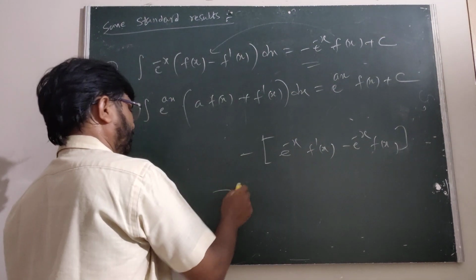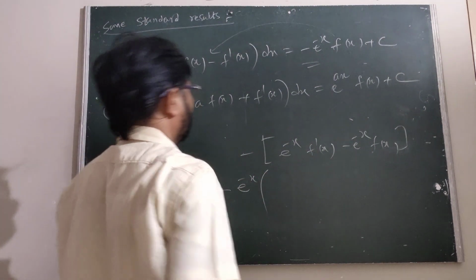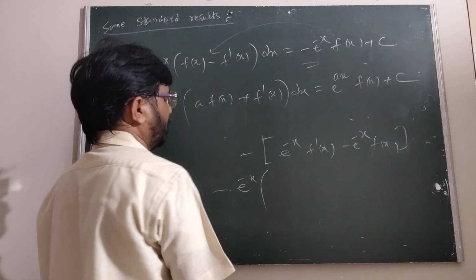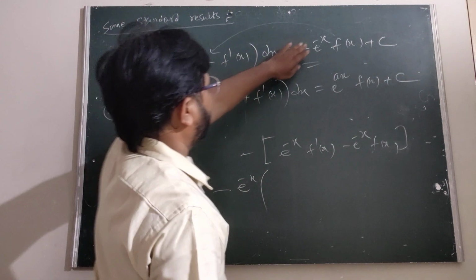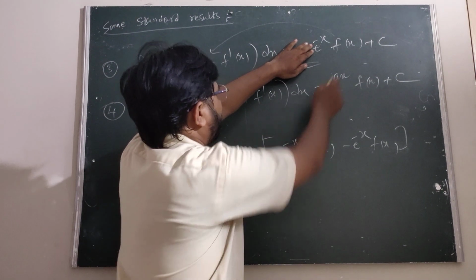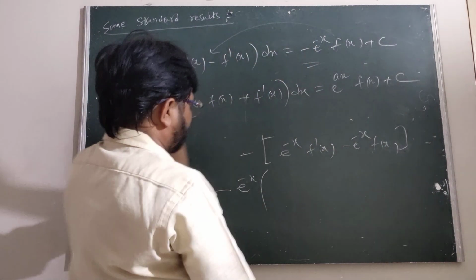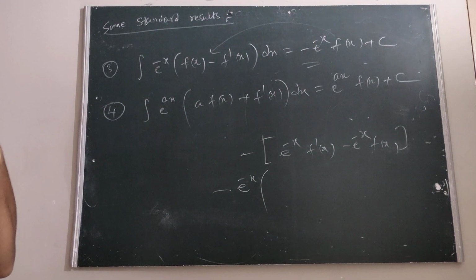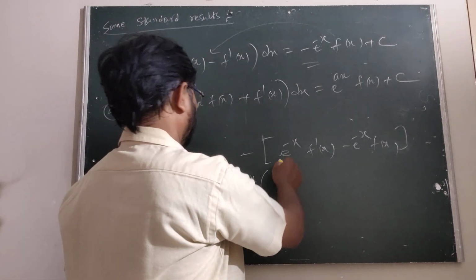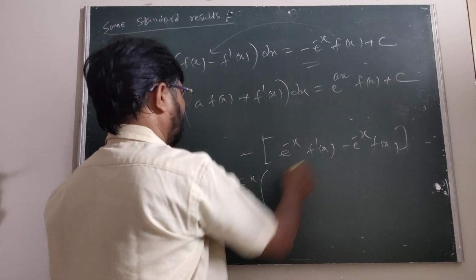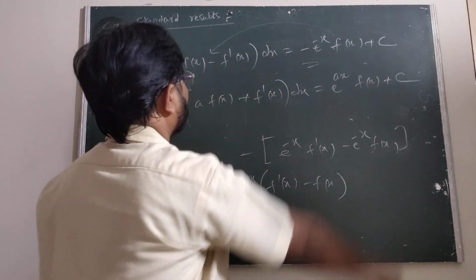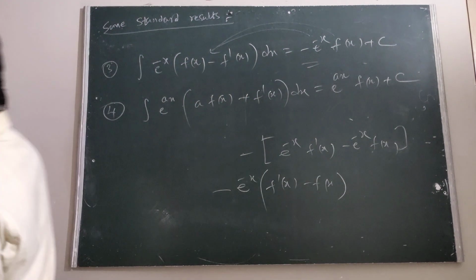First of all, taking minus as the common factor, we can write e power minus x, with the derivative of f of x being f dash of x. Taking the common factor, this is f dash of x minus f of x. The derivative of this one we get this.